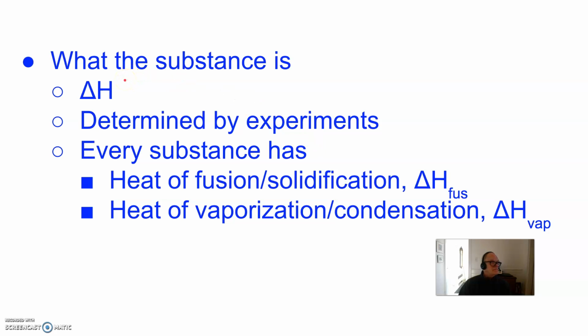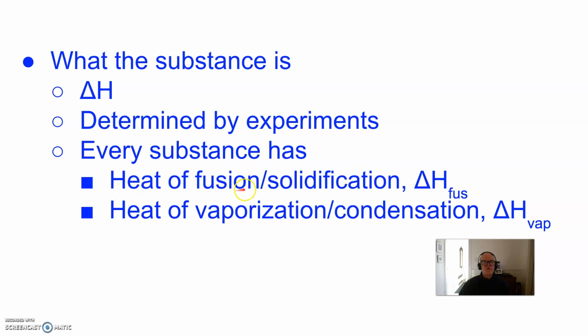And for each phase change, substances have something called a delta H, which is usually referred to as heat of a phase change. These are determined by experiments, and there are different delta H's depending on what the phase change is.